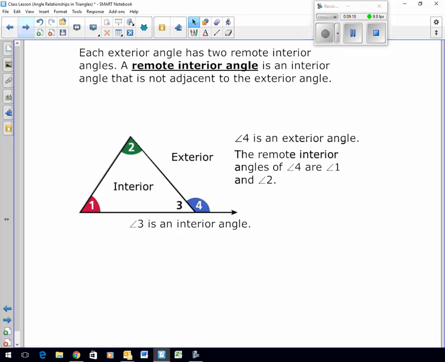Open that door. Alright, you do need to write this down, okay? Write the whole slide down as a matter of fact. Each exterior angle has two remote interior angles. What is that?